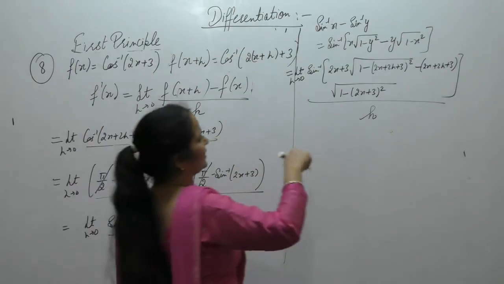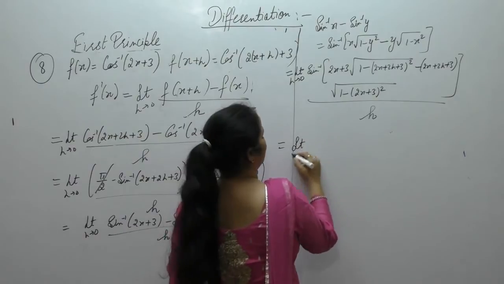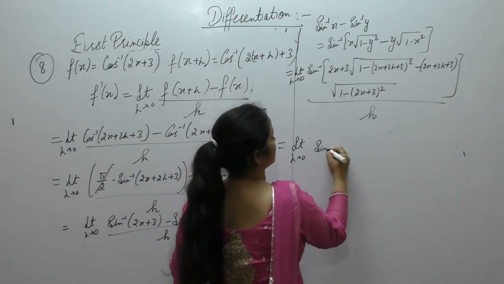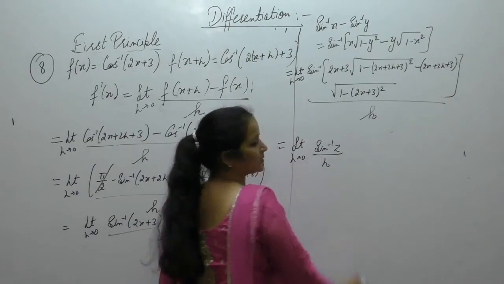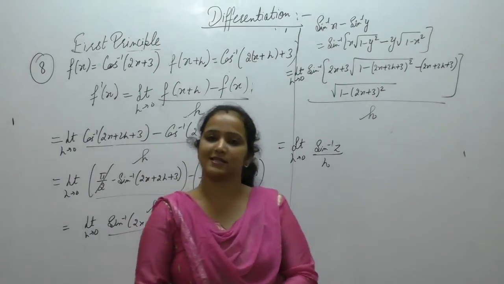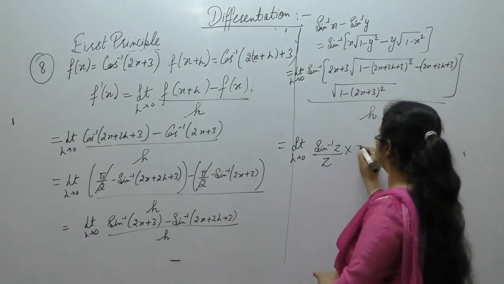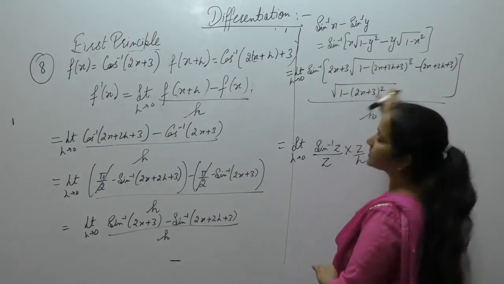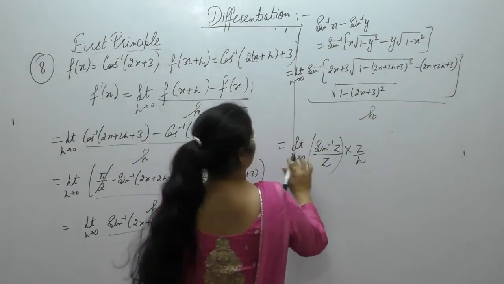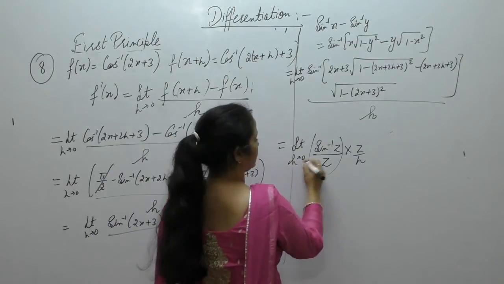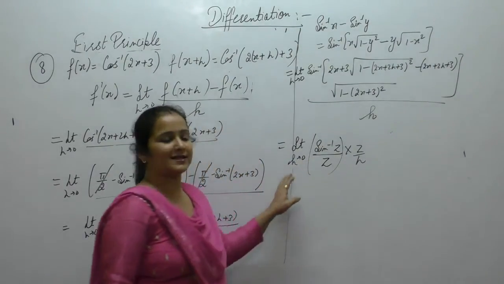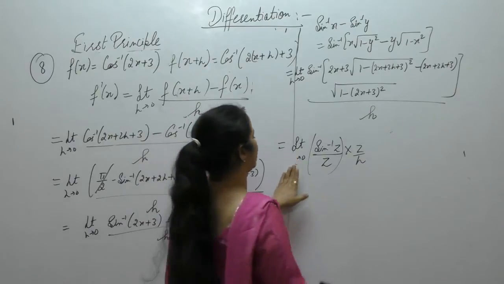Let this whole term as z, limit h tends to 0, sine inverse z upon h. We know that sine inverse x upon x is 1, so we have to multiply and divide by z here, where z is this term. So this becomes 1. If h tends to 0, then z will also tend to 0.